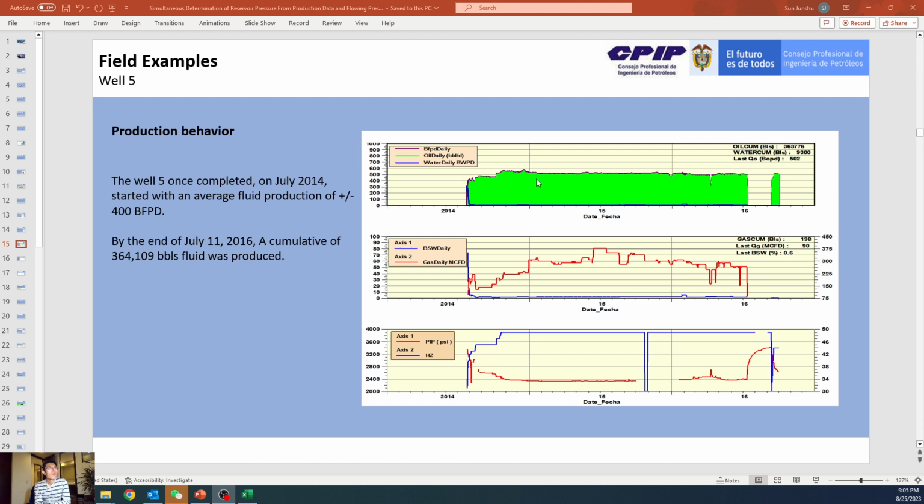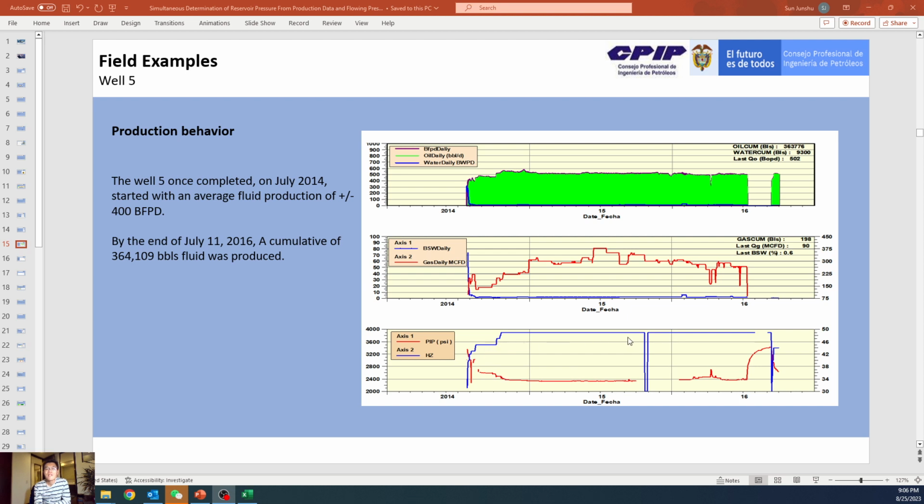This is the oil and water production. Here is the BSW, which remains quite low, basically zero. And this is the gas production. At the bottom, the red line is the intake pressure of the sensor.